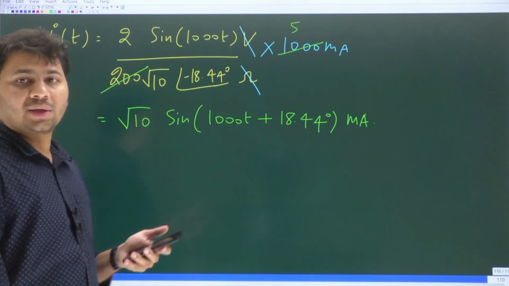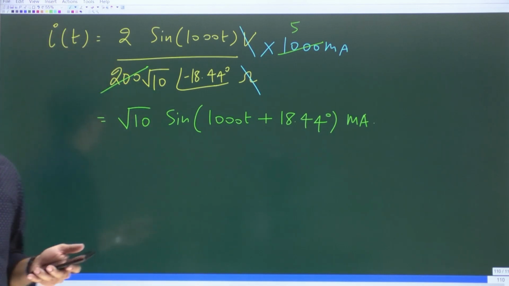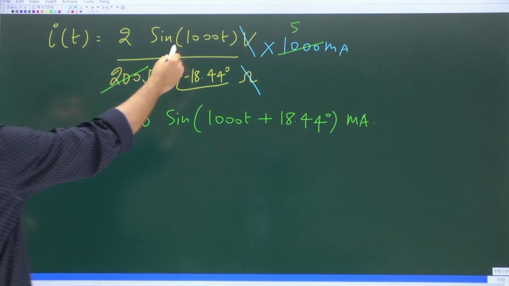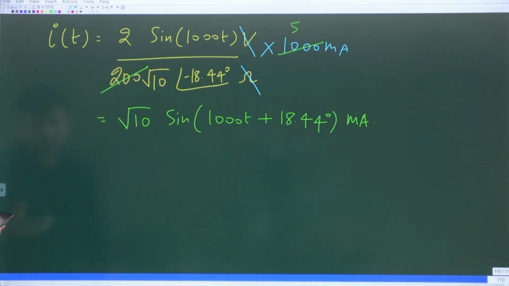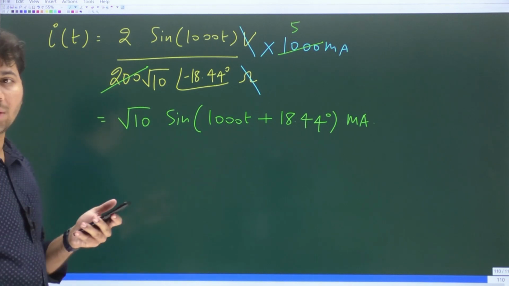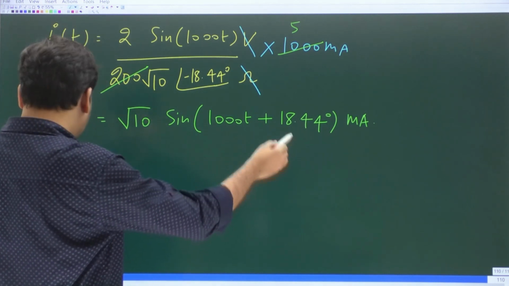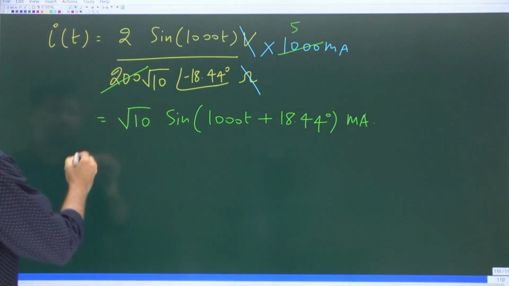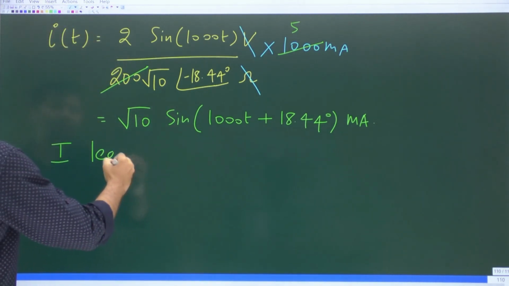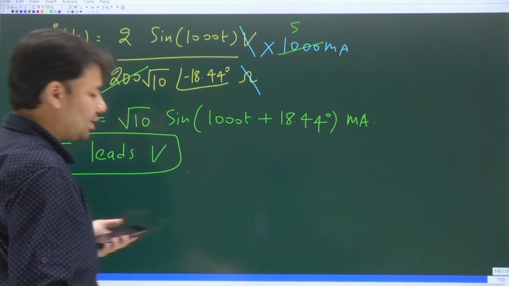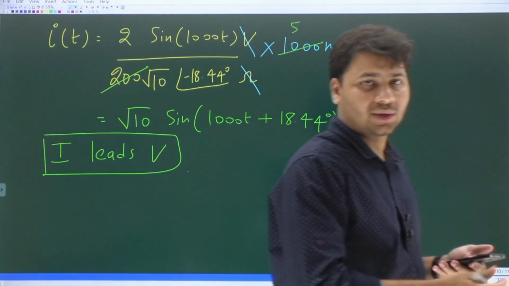So tell me which one is leading, current or voltage? The applied voltage is sine 1000t, whereas the current drawn from the applied voltage source is sine 1000t plus 18.44 degrees. So clearly I leads V. It should, because the network contains only capacitors.